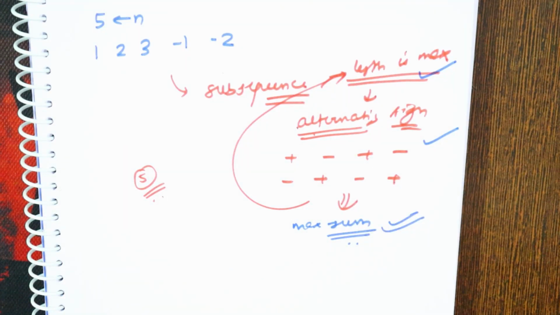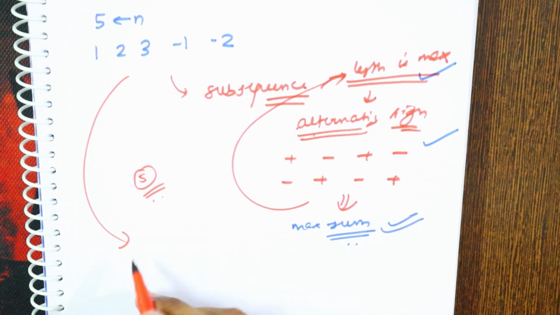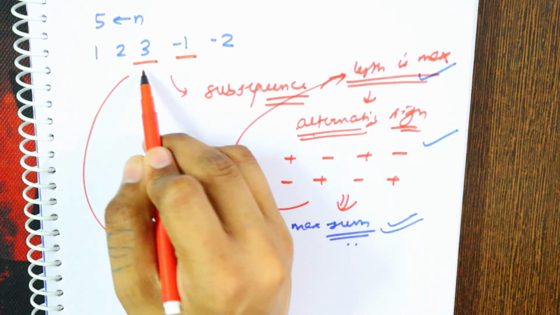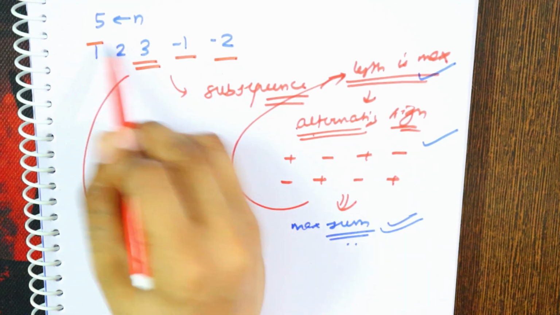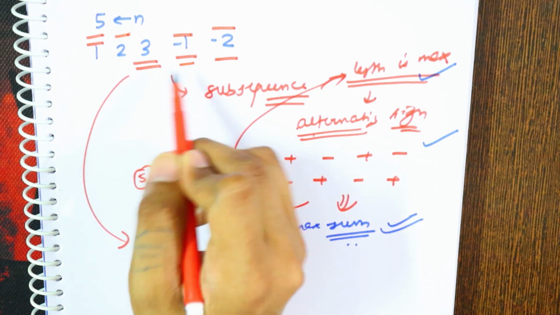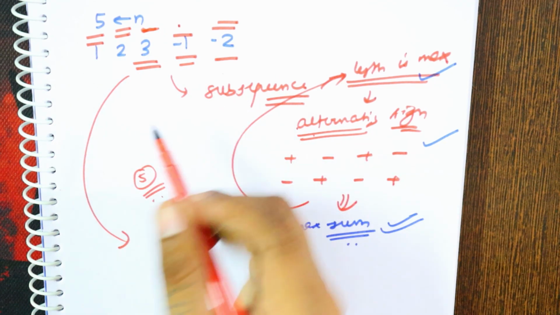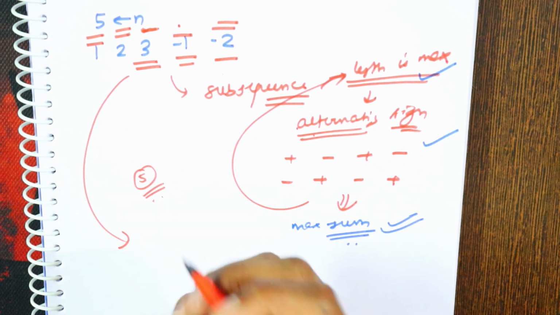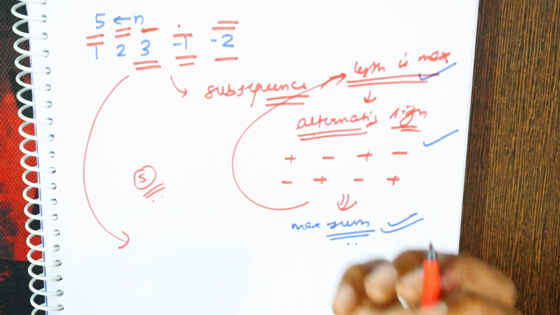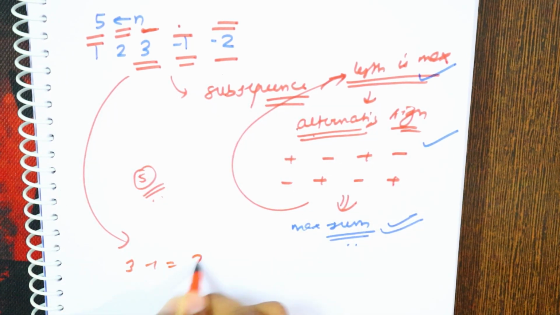Now in this case, first of all, the maximum length of alternating signs which we can get is 3 minus 1, or 3 minus 2, or 1 minus 1, or 1 minus 2, or 2 minus 1, 2 minus 2, and so on. So the maximum result which you can get is 3 minus 1, which is basically 2.